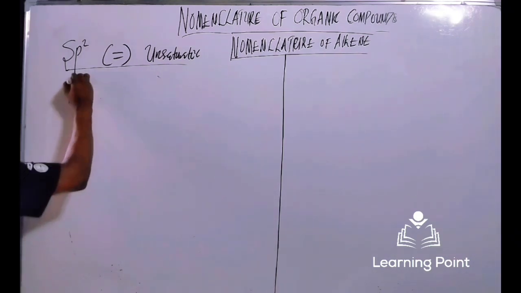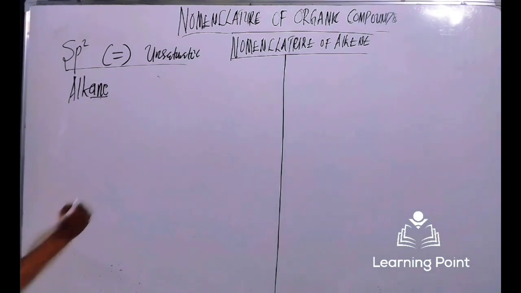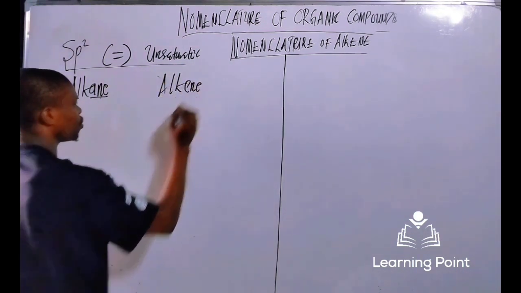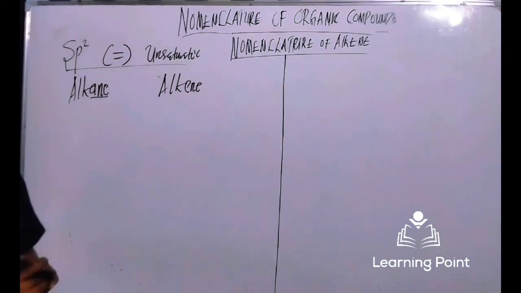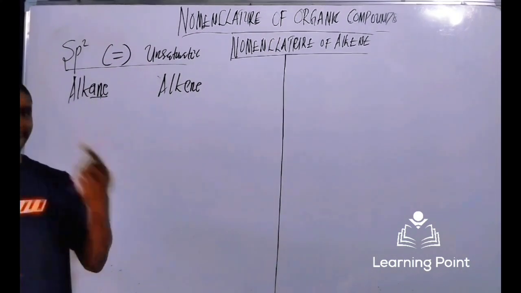So when we talk about alkanes, the ANE is changed to ENE. So the first member of the alkenes is not methene, it is ethene.